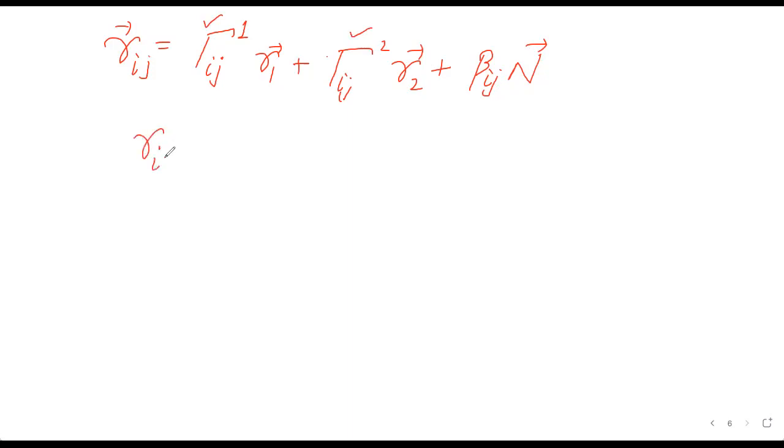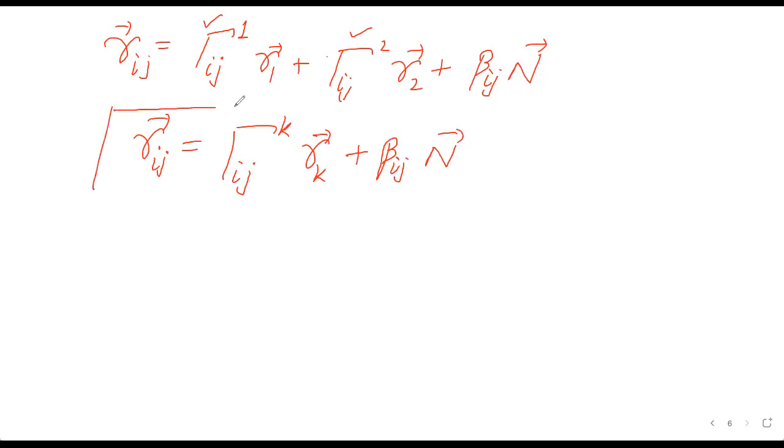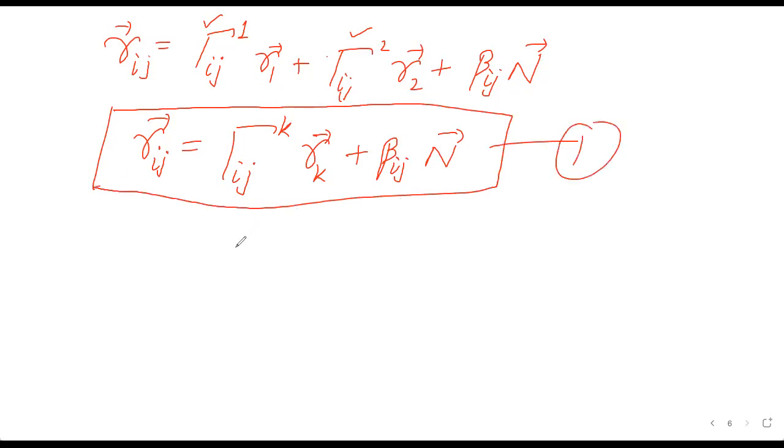Or in general you can say this Rij can be written as Ijk Rk plus beta Ijn. I can write this. So this is equation number one. Here, what is Ijk? All Ijk are running from 1 to 2, k is 1, 2: Ij1 R1 plus Ij2 R2 plus this.